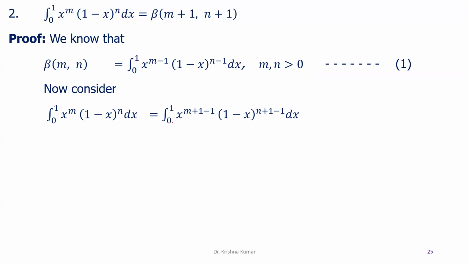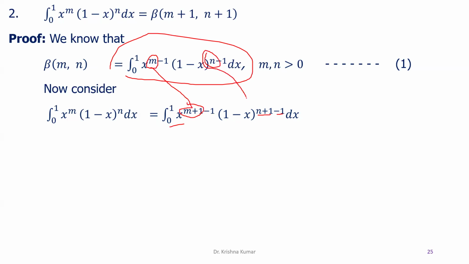This can be written by adding and subtracting 1 in the powers: the integration of x to the power m plus 1 minus 1 into in bracket (1 minus x) to the power n plus 1 minus 1 with respect to x under the limit 0 to 1. Now if we compare this with the formula, in place of m it is m plus 1, and in place of n it is n plus 1.